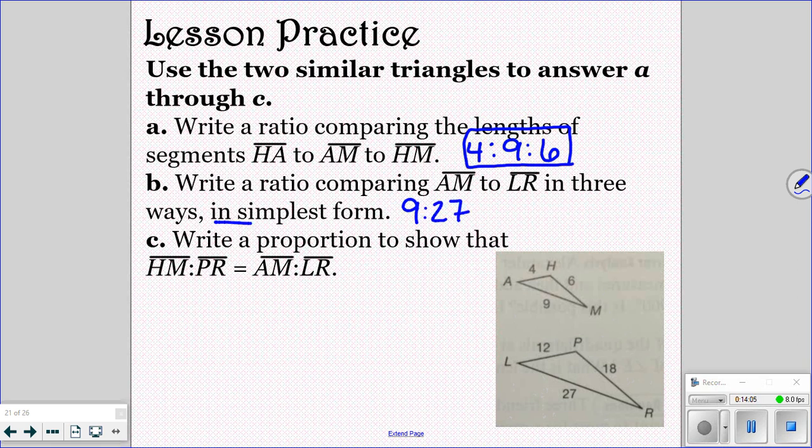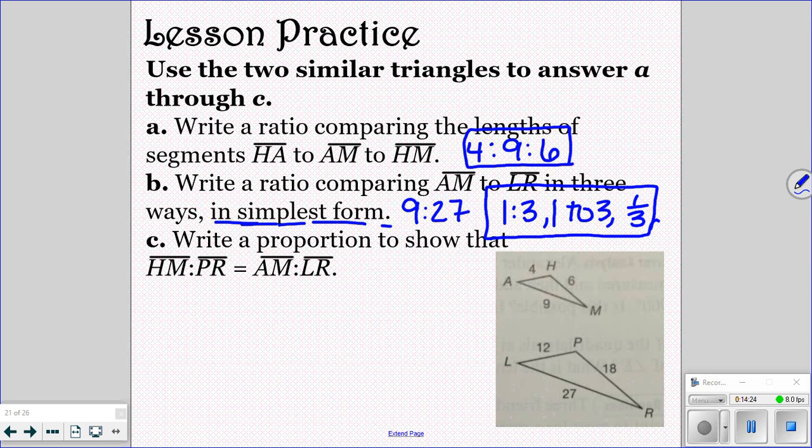But this one says in simplest form. So 9 to 27 is going to reduce, they both divide by 9 to give us 1 to 3. And then we could say 1 to 3, and we could say 1 over 3. So it said to reduce it, so you need to make sure that you write it completely reduced.